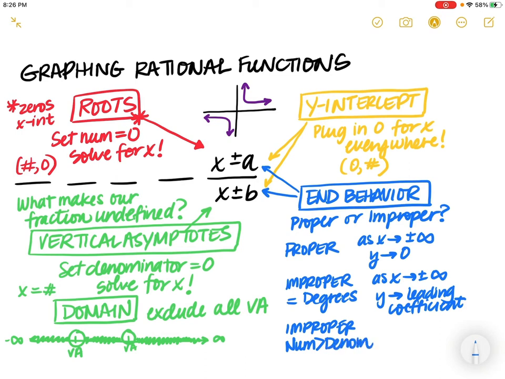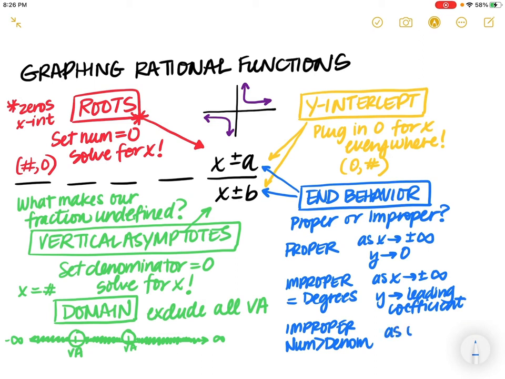If we keep that idea of division, x squared over x is going to result in just x. x cubed over x is just x squared. x squared over just a constant is going to be just x squared. If we keep that idea of division, we're able to divide and find that our end behavior could look linear, like x. It could look quadratic, x squared. It could even look cubic, x cubed, or quartic, x to the fourth.